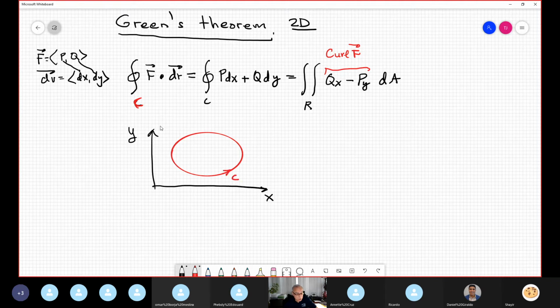It's important, this supposition. If it is clockwise, well, it's okay, but it is negative. So Green's theorem is the same formula, but you need to introduce one artificial negative one. When it is counterclockwise, this is called positive orientation.